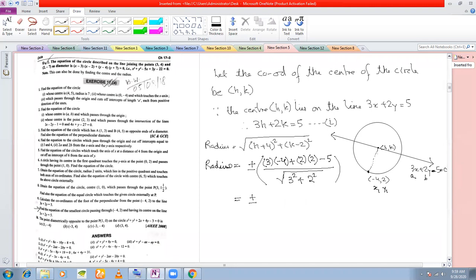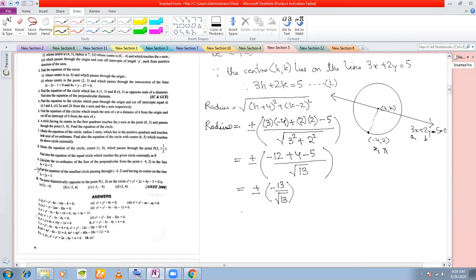So this will come to plus or minus (-12 + 4 - 5) divided by square root of 13. Next you'll get plus or minus, this is minus 17 plus 4, which is minus 13, so 13 by root 13.